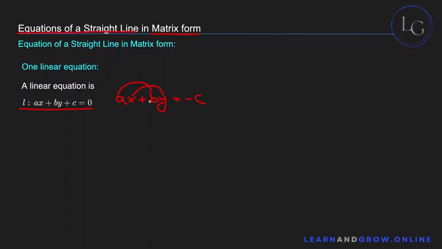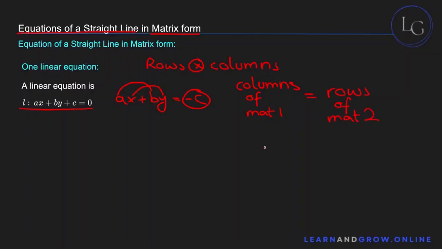You need to multiply those matrices, and that must equal a matrix containing minus C. Now you know that matrix multiplication is rows into columns, and the condition for matrix multiplication is that the columns of matrix 1 must be equal to the number of rows of matrix 2.